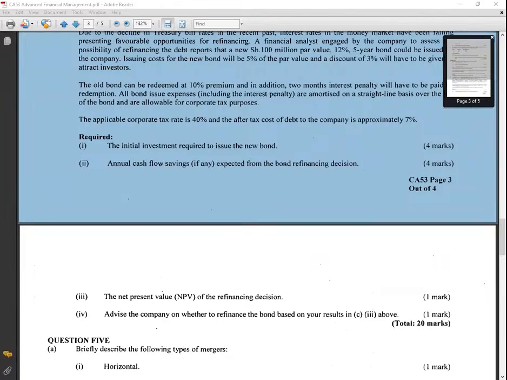And the other thing you're supposed to know, in the initial investment, we don't amortize any cost, because the entire cost, you'll be told to pay it up front. So always for initial outlay, you think of totality. No amortization at all.